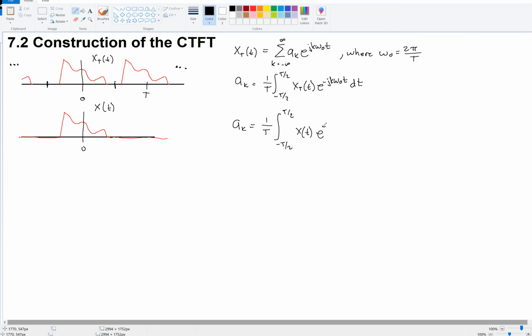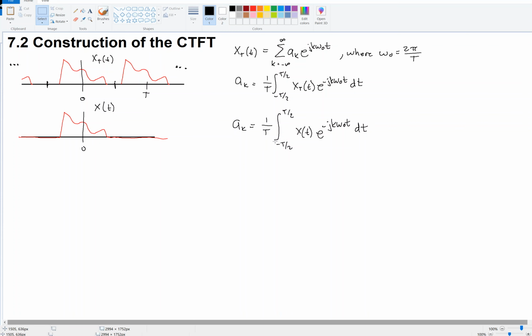Because again, in that range, both signals are identical. So I might as well just do that because it's x of t that I want to analyze. I don't want to be stuck analyzing periodic signals. Now, outside of this range, x of t is 0.